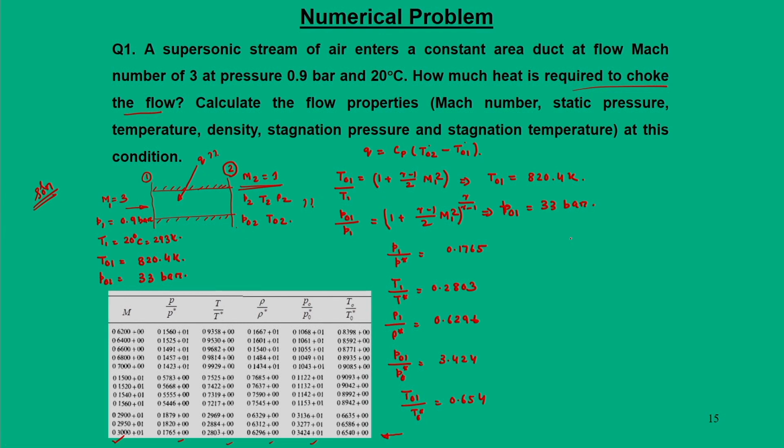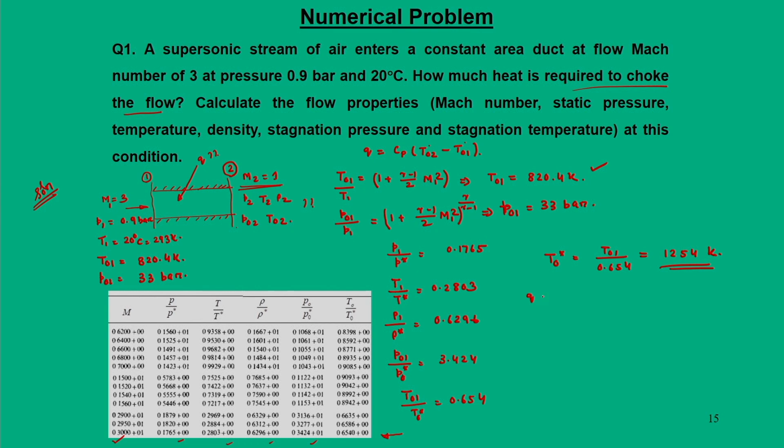So, I can find out T naught star as T naught 1 by 0.654. T naught 1 is known, so we can find out this value as 1254 Kelvin.